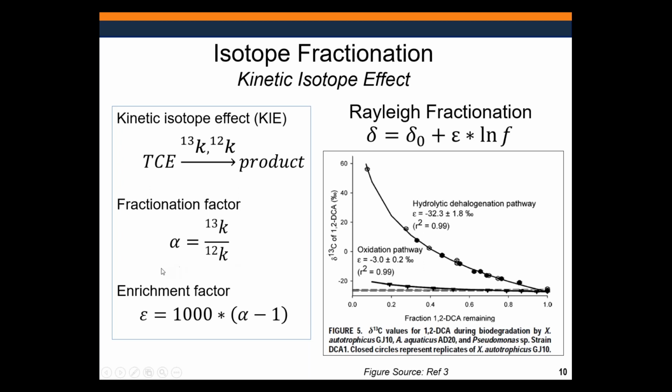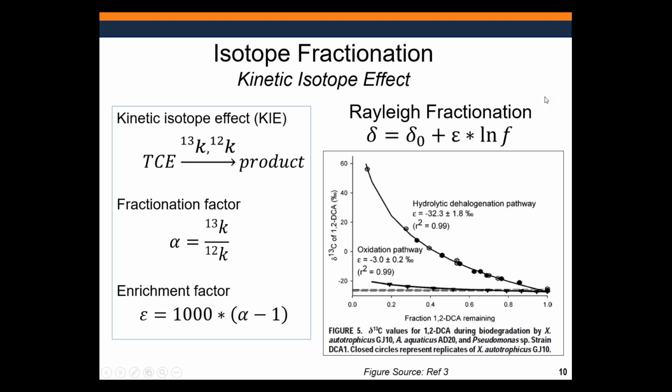Then we can rearrange this to what's called an enrichment factor, which is 1,000 times alpha minus 1. What's most important here is that this enrichment factor is what we typically use to understand how much fractionation occurs during a biological process. Very frequently, this can be modeled by what's called the Rayleigh fractionation equation, or the Rayleigh equation.